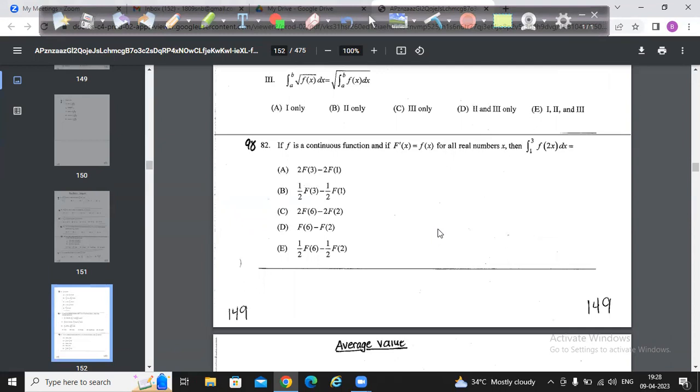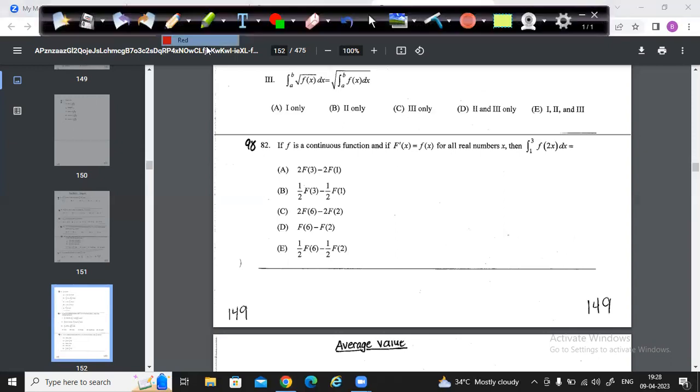Then what is the integral of 1 to 3 f of 2x into dx? So it's asking integral of 1 to 3 f of 2x dx.